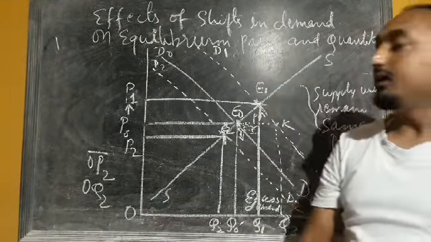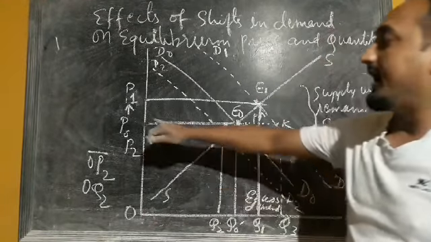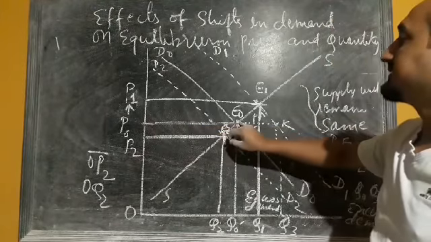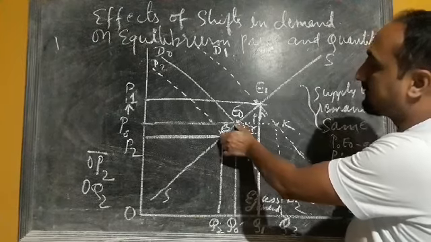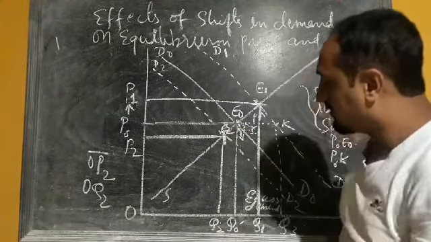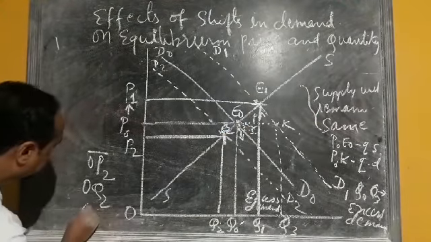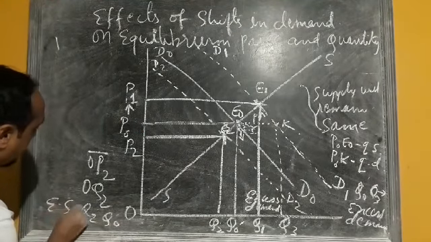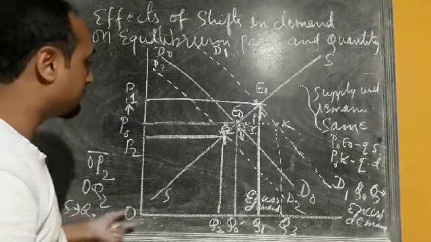Here, if we consider the initial price, we can see that there is an excess supply of commodity by Q2 Q0.